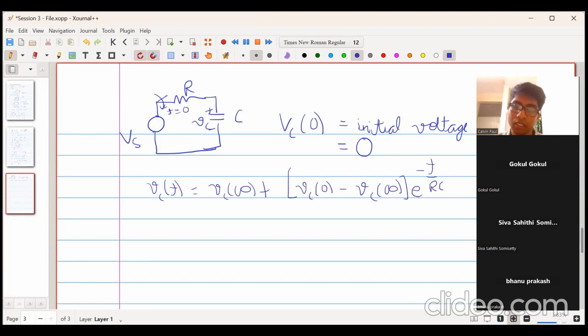This is applicable for circuits where there's only a resistor and a capacitor. This time constant is tau, which is equal to RC, and it has units of time, seconds. So this is for the RC circuit.